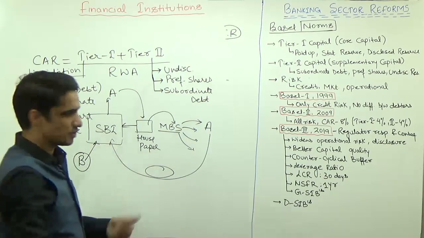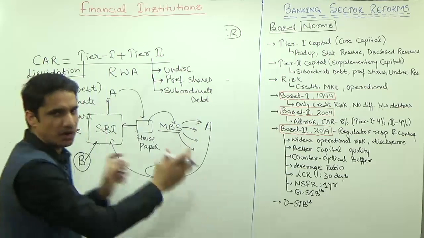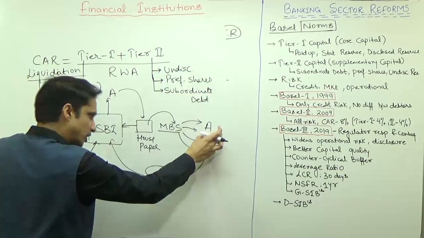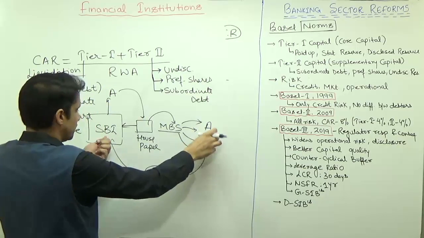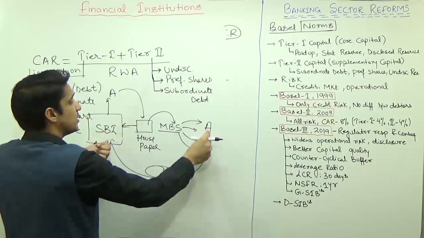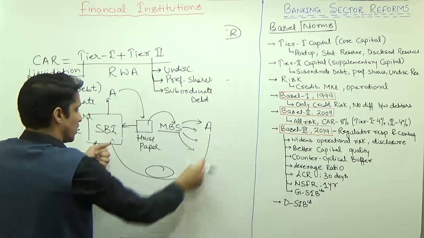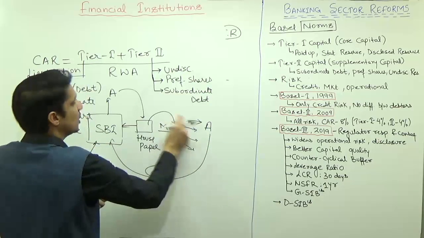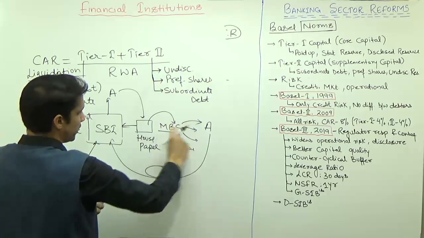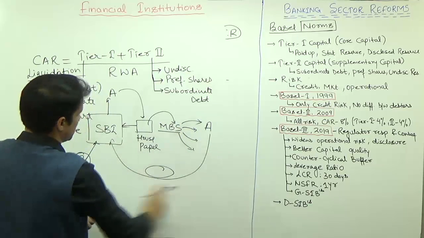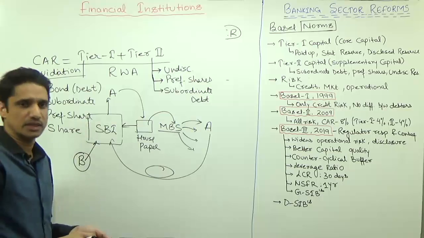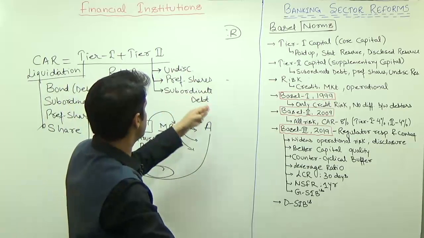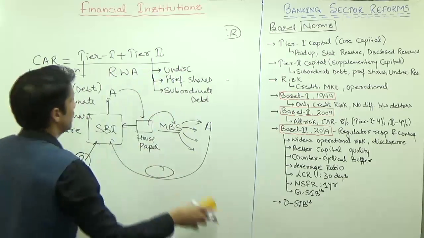I hope the concept of subordinate debt is clear. Subordinate debt is a type of debt only. Why is it a type of debt? Because SBI is borrowing something, but the manner in which SBI is borrowing is by using a derivative security. So when you borrow through a derivative security, it becomes an example of subordinate debt. Subordinate debt is a part of tier 2 capital.